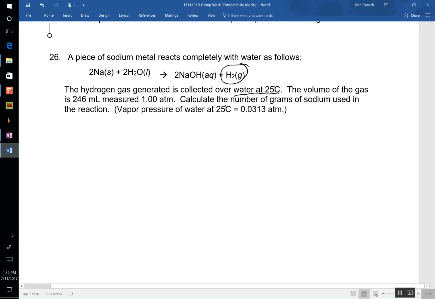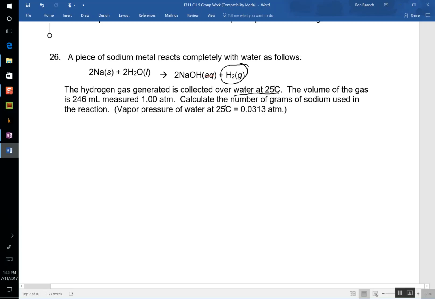We run this tube up into a bottle. So we get a bottle here, some sort of container, and it's full of water. We fill it up with water, put a piece of glass over top of it, put it down in this water so that there's no gas in it. And we put this tube in here.